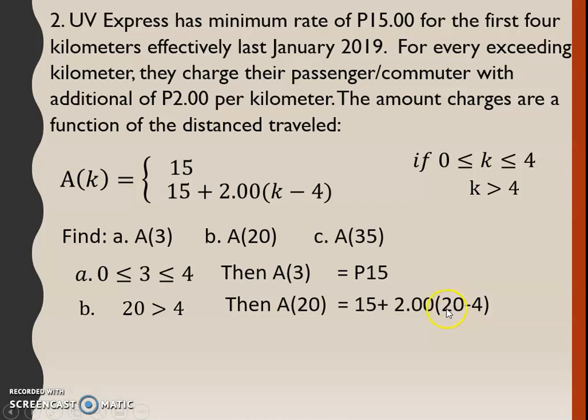So we will get the difference of this exceeding value. 20 minus 4 will be 16. Then 16 times 2 is 32. 32 plus 15 will be 47. So a commuter traveling 20 kilometers will pay 47 pesos.